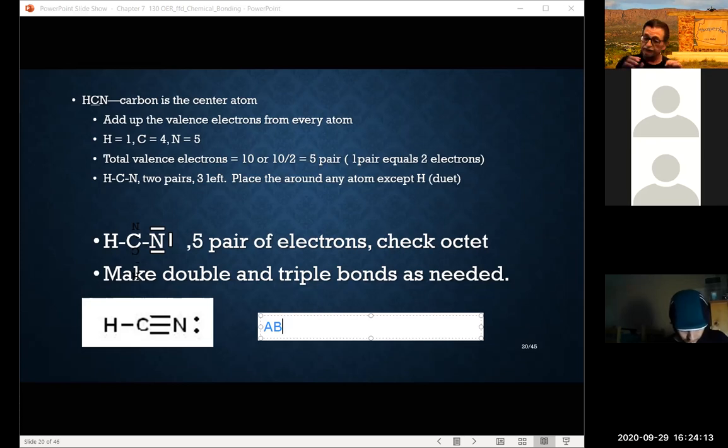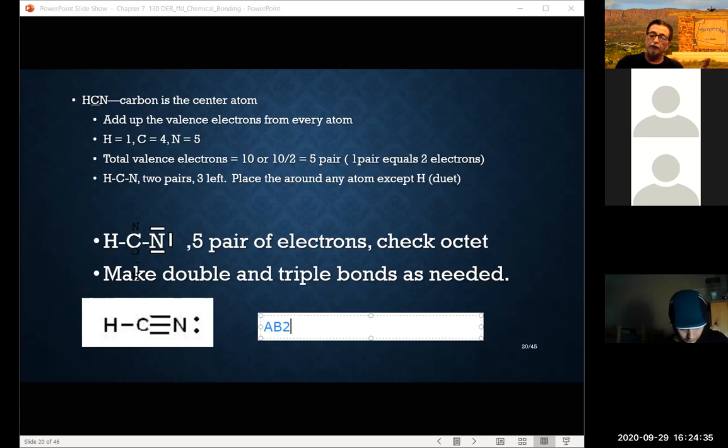It doesn't make any difference, just the total number of atoms bonded to the central atom. In this case, we got 2. Okay, that should be a subscript 2. I don't have that function. So the general formula would be AB2. Now there's no E here because there is no lone pair on the central atom.